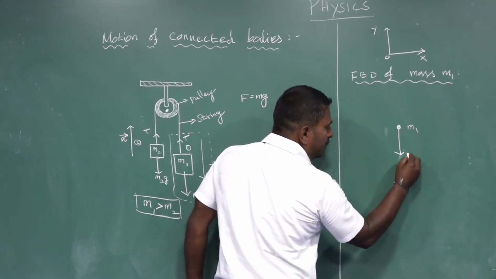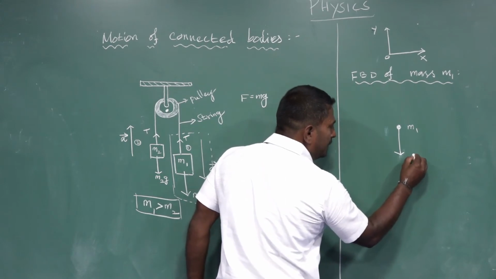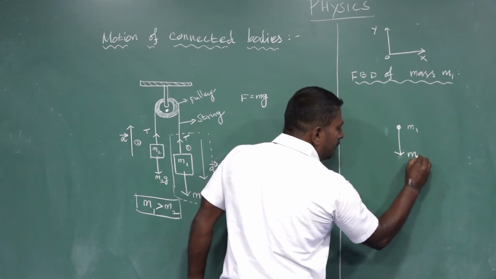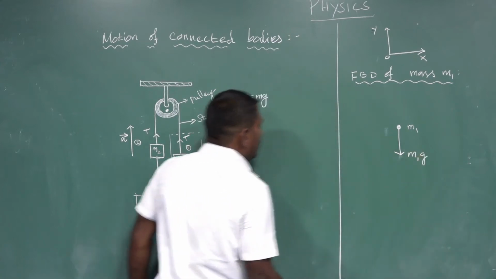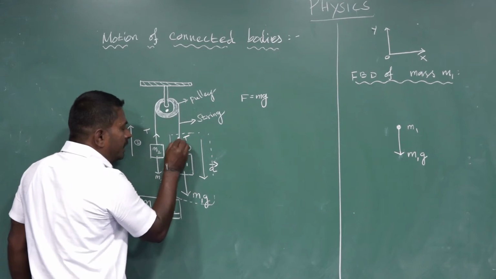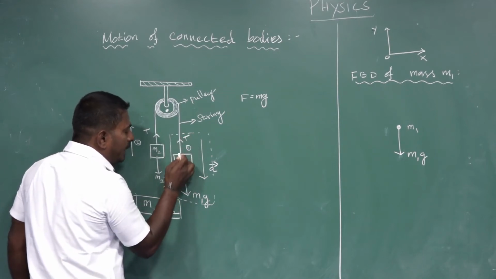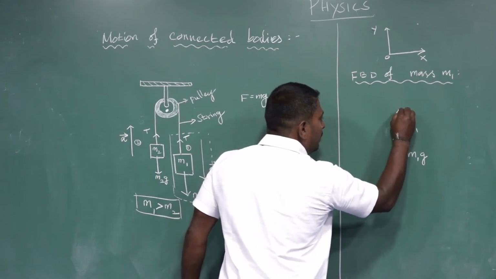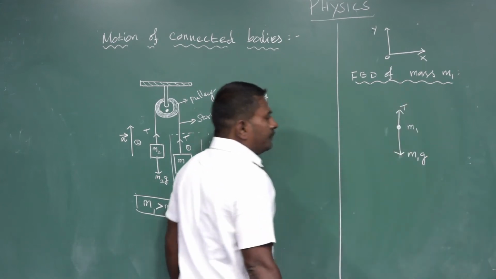The gravitational force experienced by the block of mass M1 acts vertically downward, M1g. Then the tension T in the string acts vertically upward on the M1 mass.